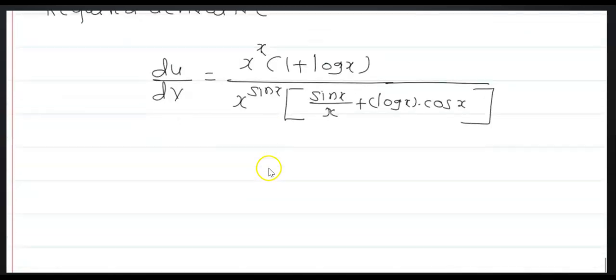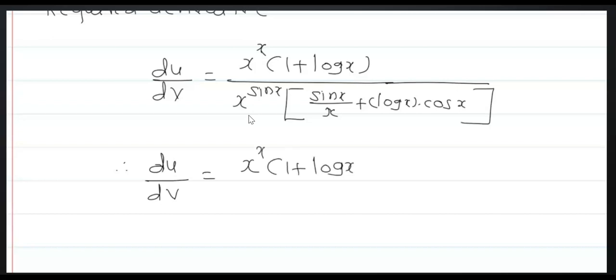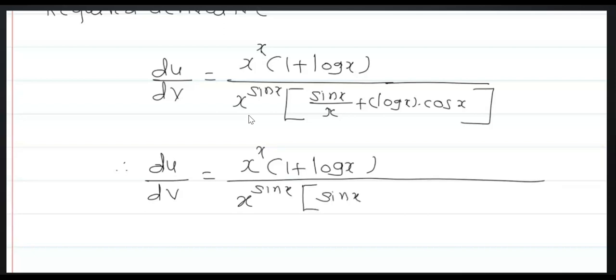Again we can simplify. This is x raised to x upon x raised to sin x. It may be written as x raised to x minus sin x. Therefore, du upon dv is equal to x raised to x in bracket 1 plus log x upon x raised to sin x in bracket sin x upon x, or simplify it, sin x plus x log of x upon cos x upon x.